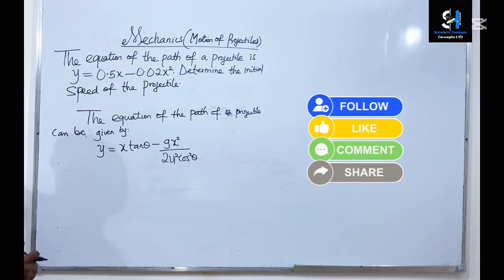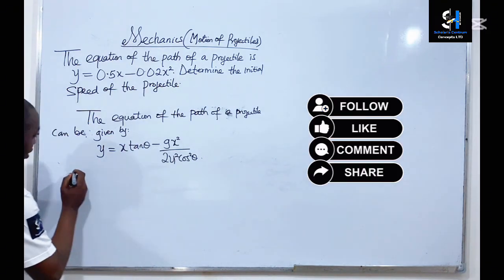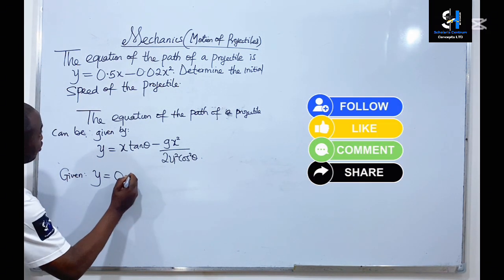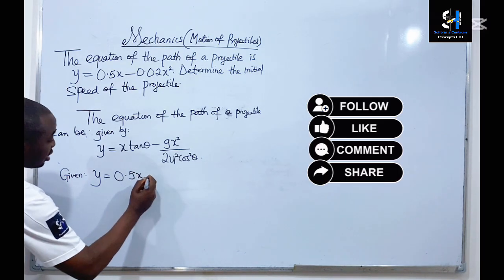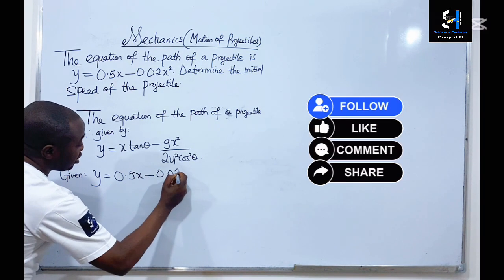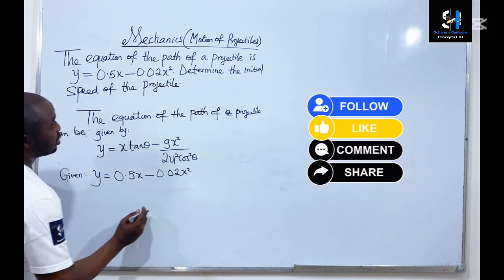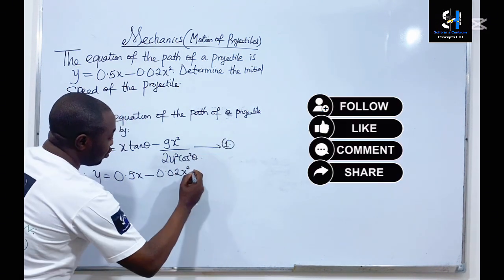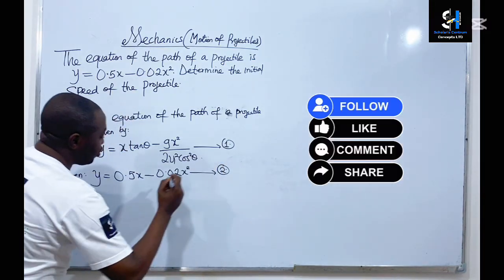We're given y equals 0.5x minus 0.02x squared. Let's say this is equation 1 and the general one is equation 2.